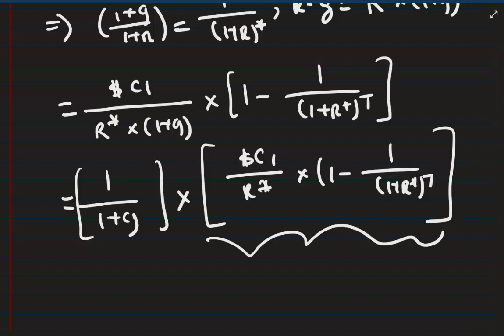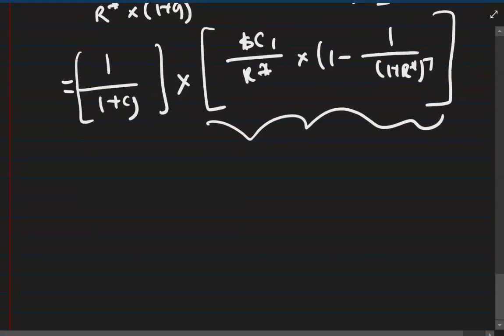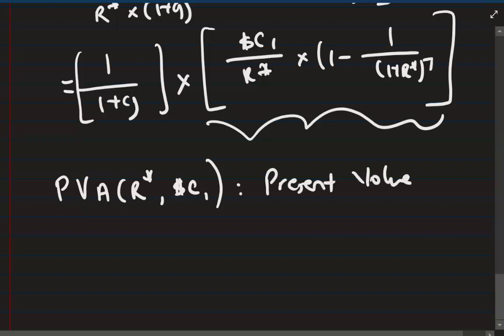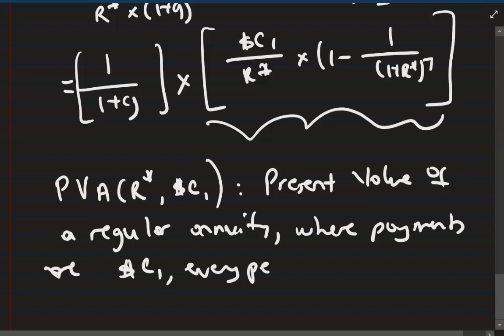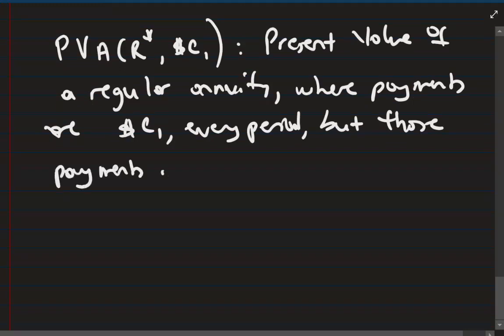So if I do the following, PVA R star, this is the present value of a regular annuity where payments are $C1 every period, but those payments are discounted at a rate of R star.